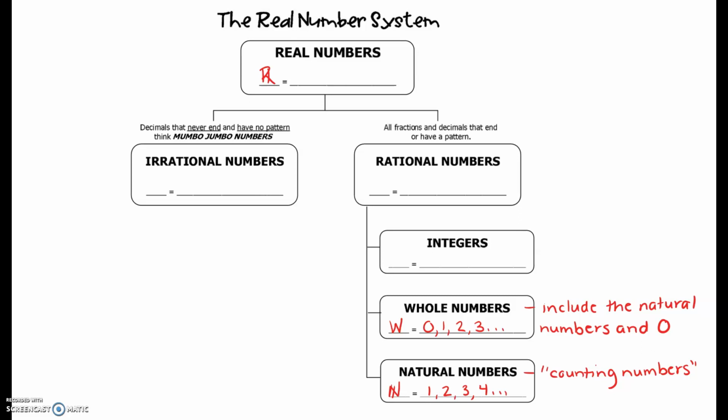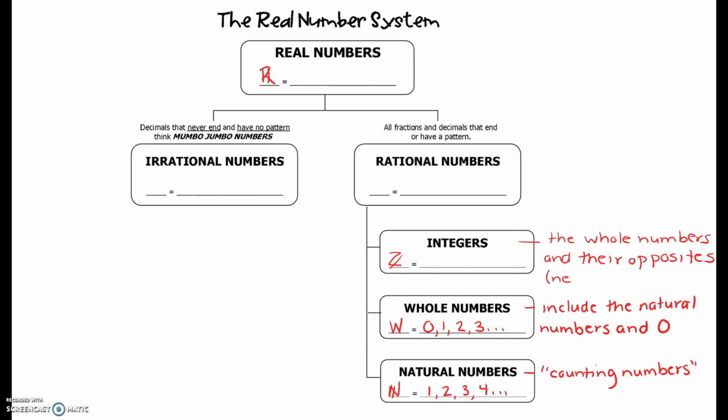Moving further up the line, we have integers. All right, our integers, we use a little bit of a different letter. We actually use the letter Z to represent integers. And those numbers are the positive whole numbers, so the whole numbers, and their opposites, which would encompass the negative numbers as well.